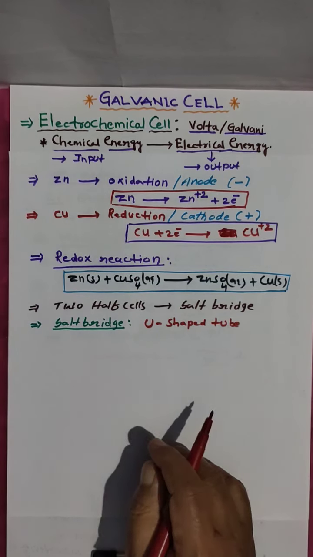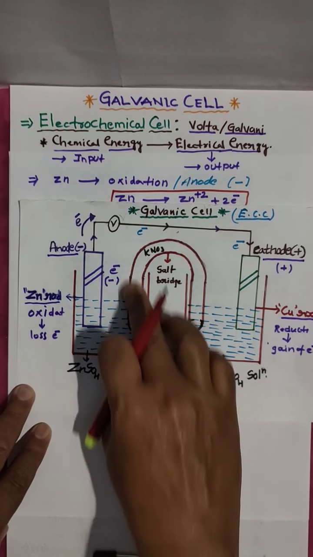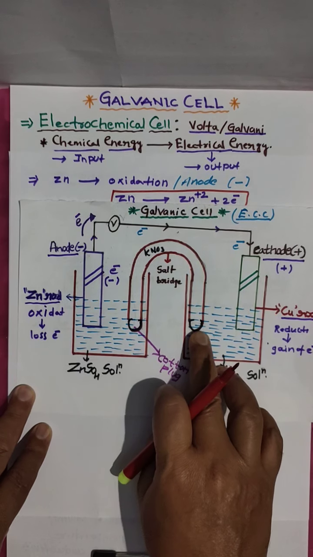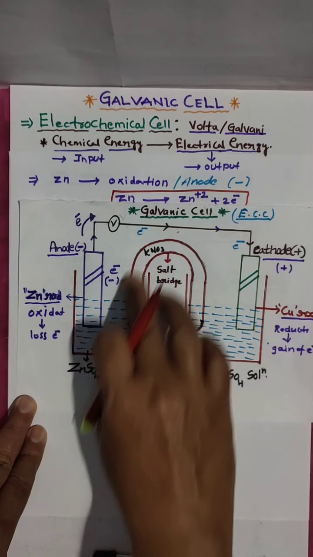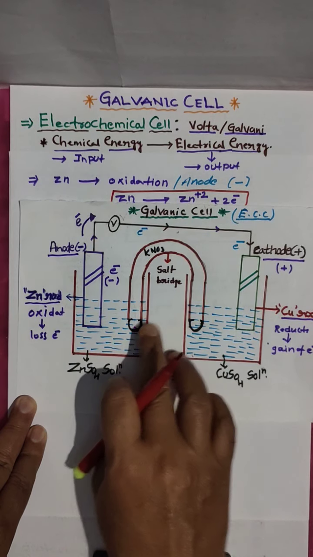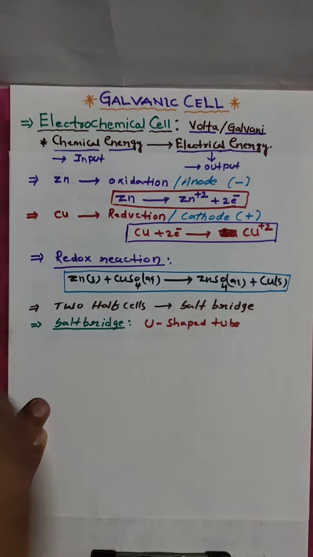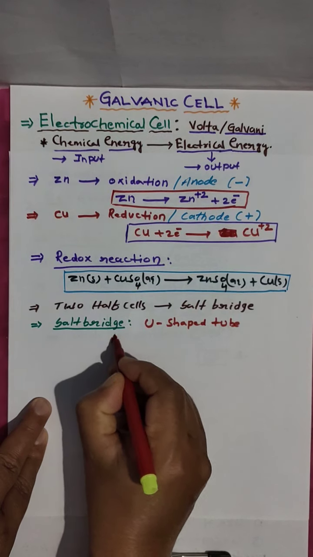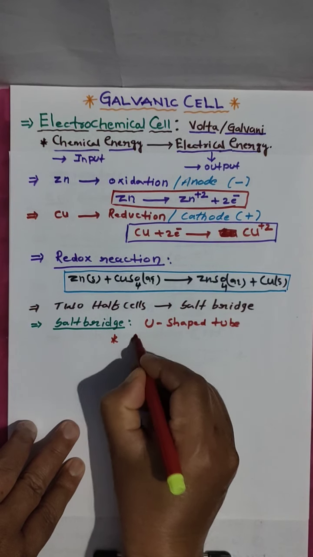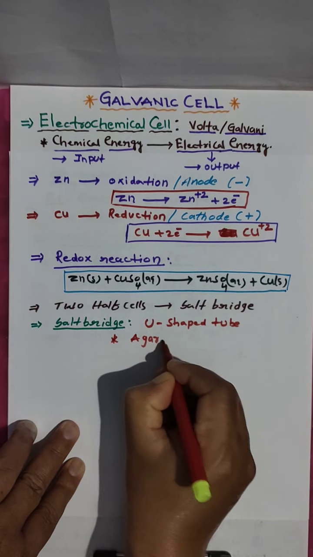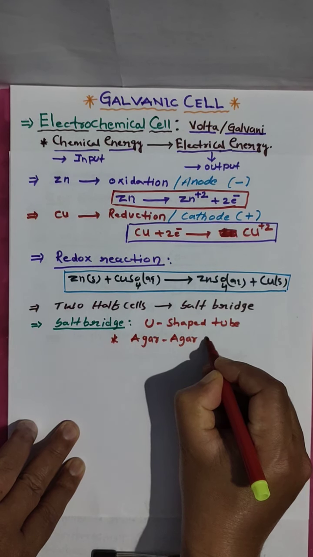Here we are taking an inverted U tube. Clear? Inverted U tube. This is the salt bridge. The structure is an inverted U-shaped tube, and this is filled with agar gel.